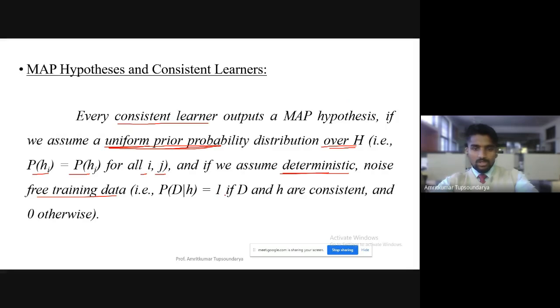In other words, the training data D and hypothesis H are consistent, and it will be 0 otherwise, right? If it is consistent, it will be 1. If it is not consistent, it will be 0.